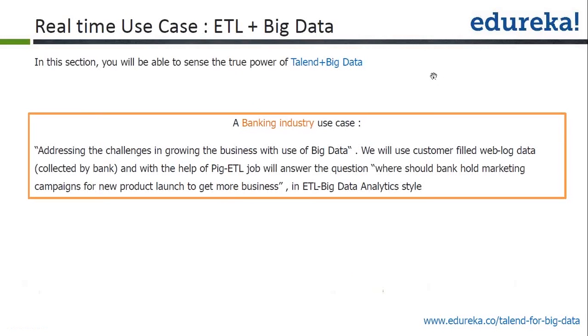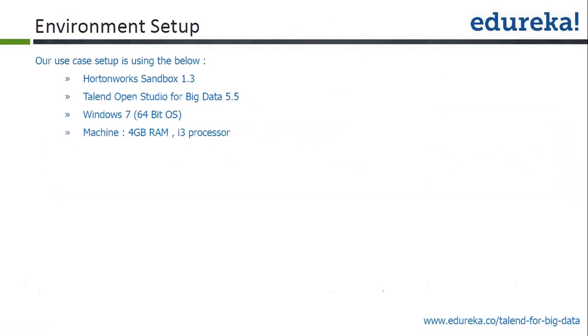All right, I'm going back to the industry use case, the use case which I had prepared. For that use case, we are using the Hortonworks Sandbox 1.3. We are using Talend Open Studio for Big Data 5.5.